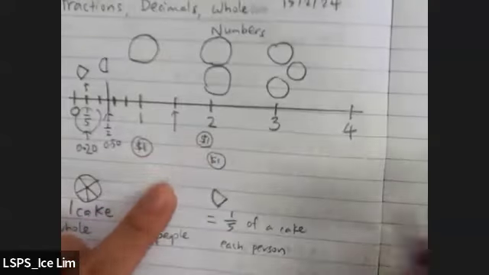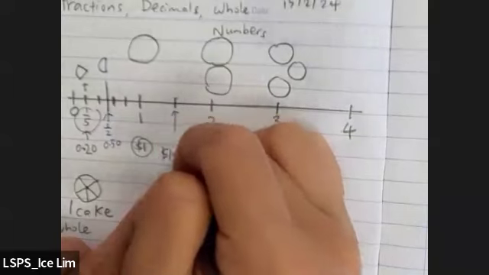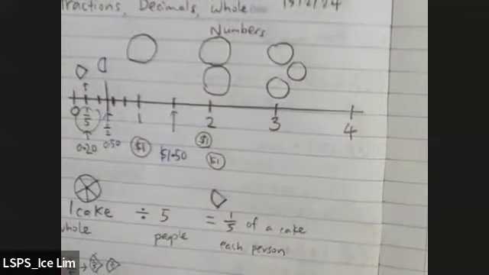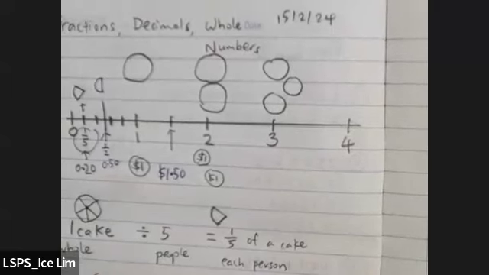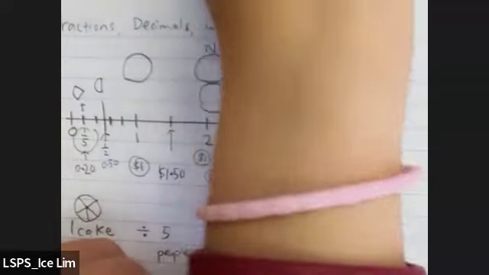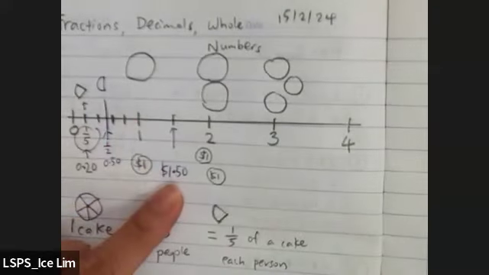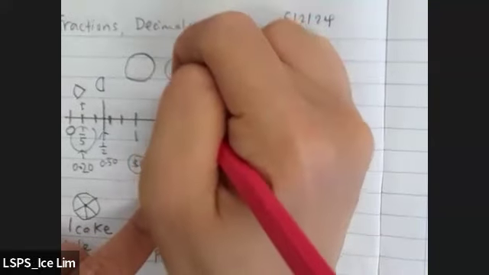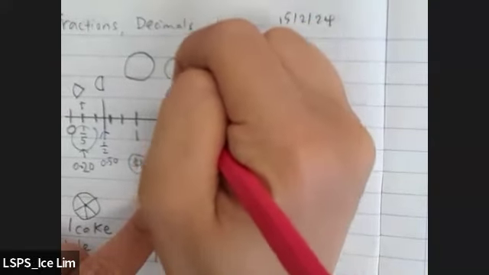So in between here will be $1.50. Very good. I like exactly what Skylar said. At $1.50, it's like the same as saying I have one whole of Cheryl's cake and then another half.